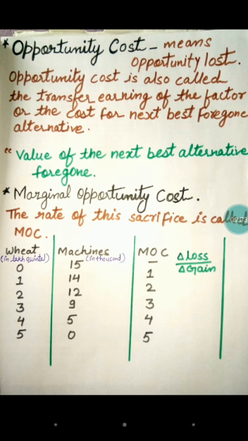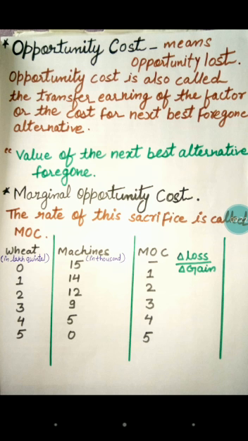So the rational producer or farmer will forgo, or leave, the production of rice worth 5,000 for the sake of wheat worth rupees 8,000.